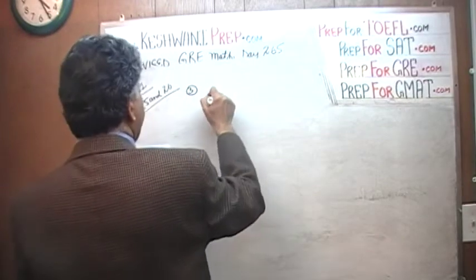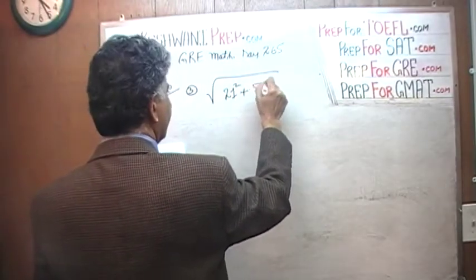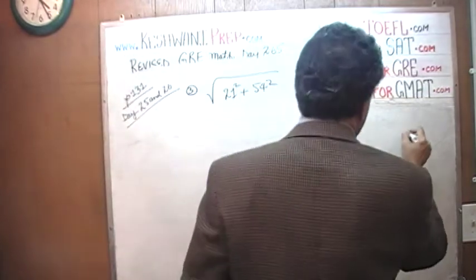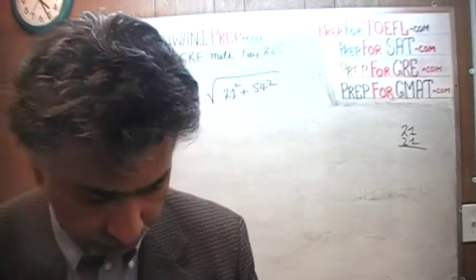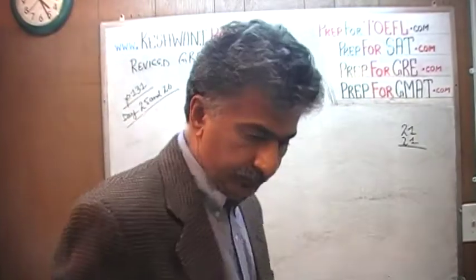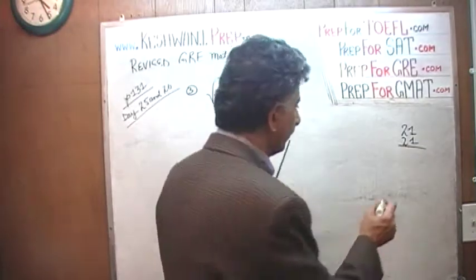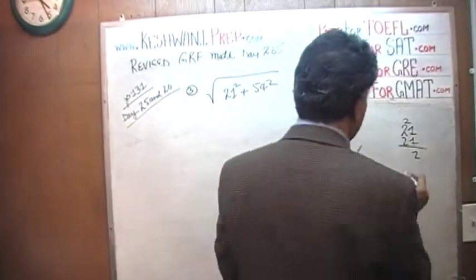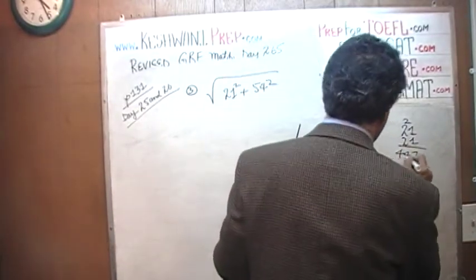In number 3, they are asking us for the square root of 21 squared plus 54 squared. Well, 21 squared is pretty straightforward to figure out. 21 times 1 is 21, so that's 1, carry 2. 21 times 2 is 42, plus 2 is 44, so that's 441.